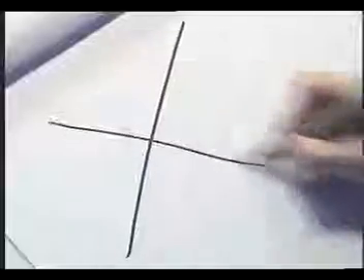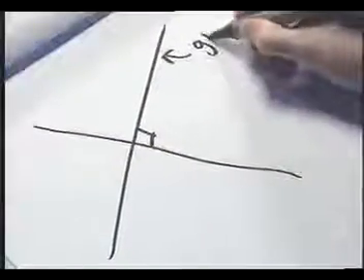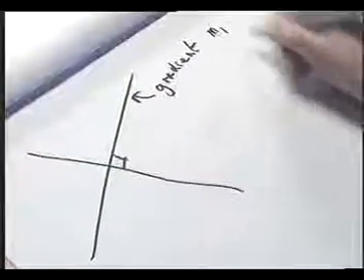Okay, if we can find the equation of a tangent, we can surely find the equation of a normal. But there is one little piece of information that we need, and that is, if we have two lines at right angles, what's the relationship between their gradients? So if I take two lines, they're at right angles to each other. And let's say that this line has gradient m1.